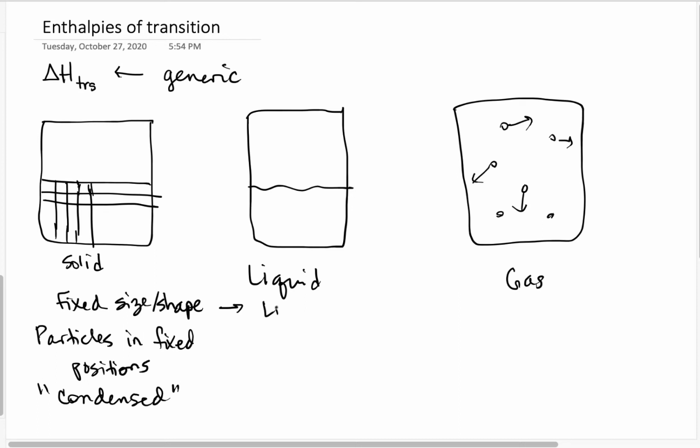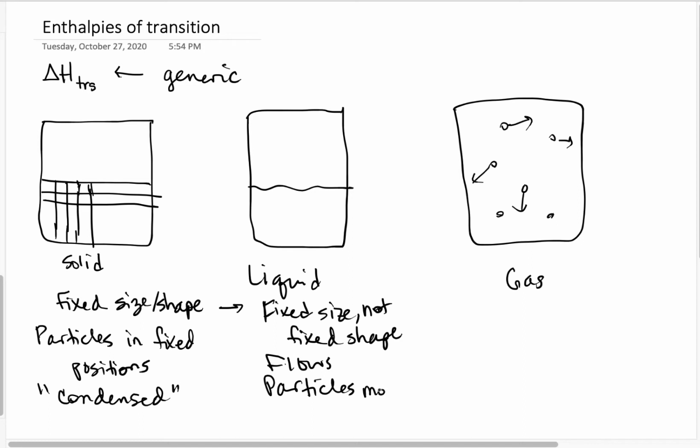Okay? So in a liquid, we know that a liquid is a little different than a solid in that it has a fixed size, but it doesn't have a fixed shape. It can move around and flow. And that means that our particles can move, and they can move in really significant ways.